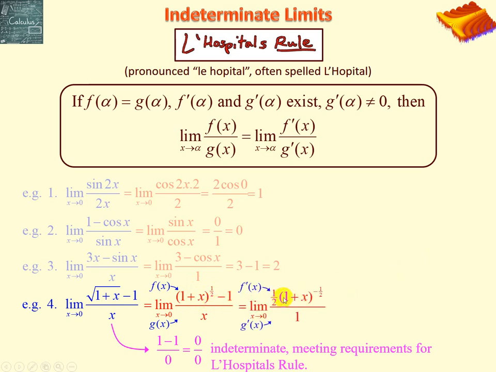So we'll end up with that on the top line, 1 on the bottom line. Now if we substitute 0 into that, this is going to be 1 to the minus half, which is 1. So our overall answer is going to be a half.